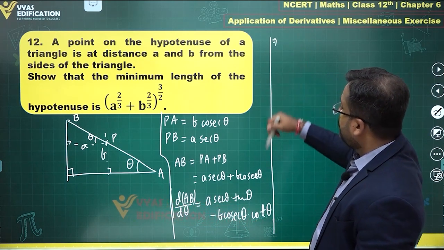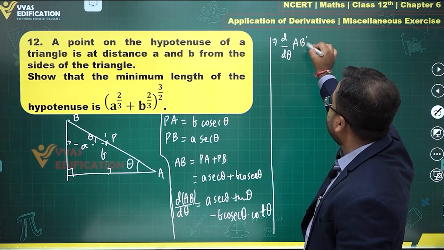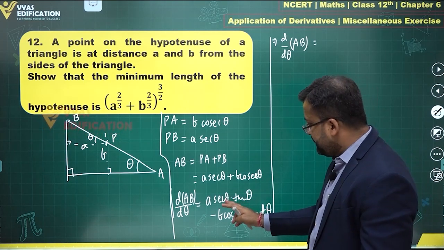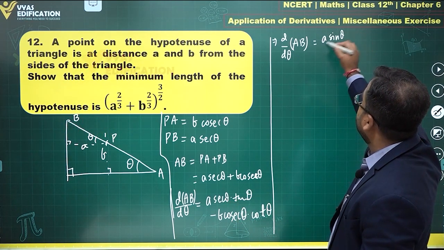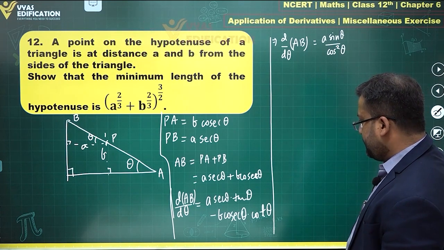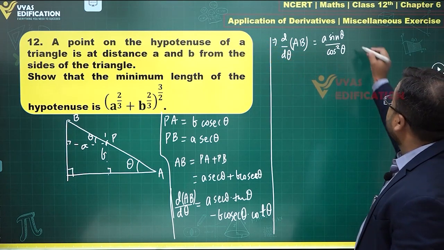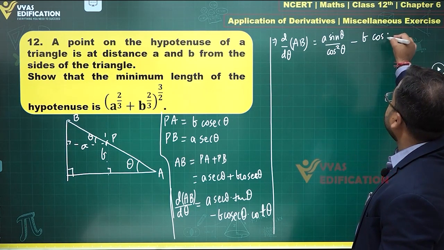This implies that d by d theta of the hypotenuse length AB is equal to A sin theta upon cos square theta minus B cos theta upon sin square theta.